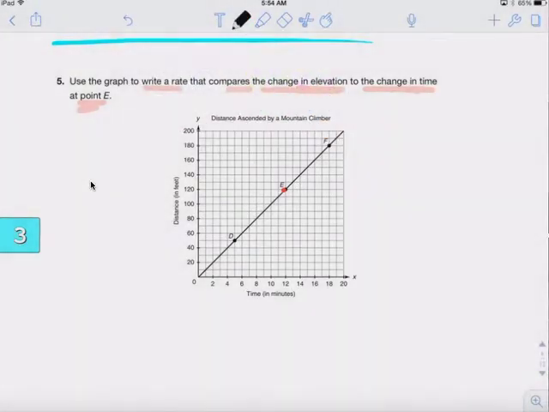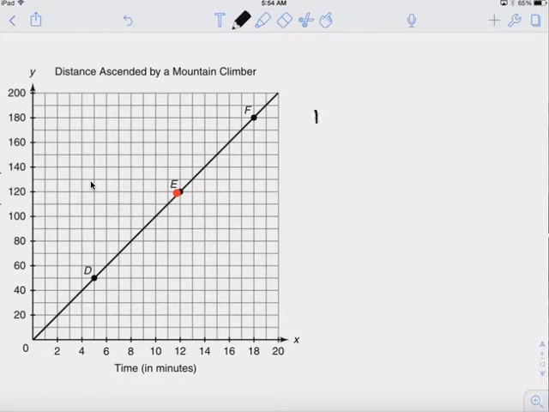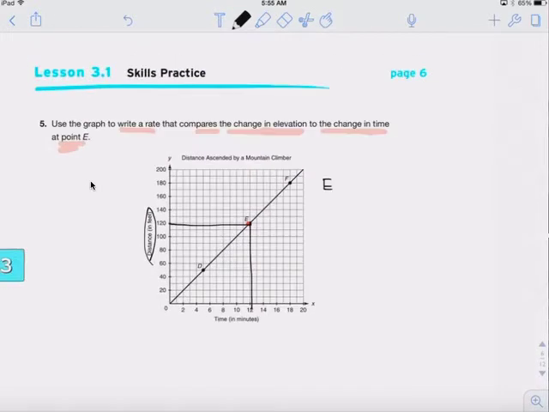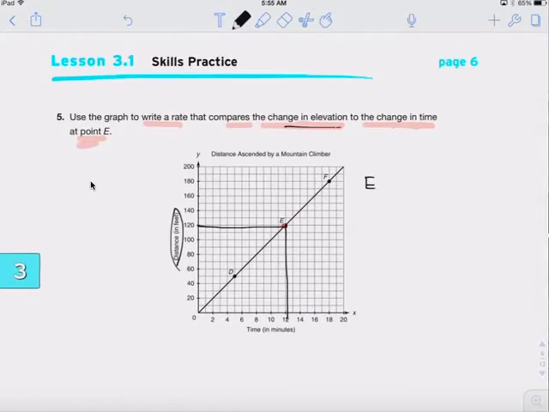So E is distance over time. In this case, elevation, even though you use the change in elevation, the reason why they use the word elevation is a mountain climber, how far they go up.